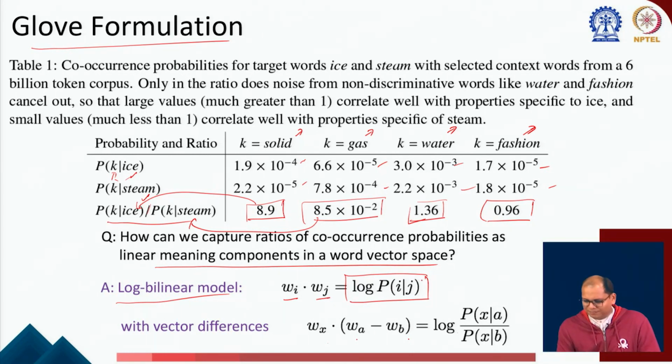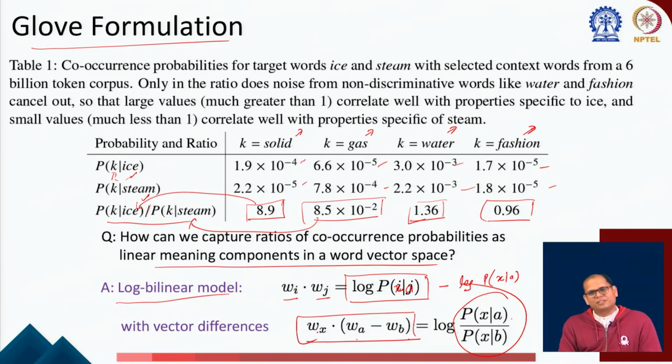Because if I subtract log probability x given a minus log probability x given b, it will be simply the log of probability x given a divided by probability x given b, and our job is done. So we have got the co-occurrence ratios, and this can be captured as the vector difference, right.